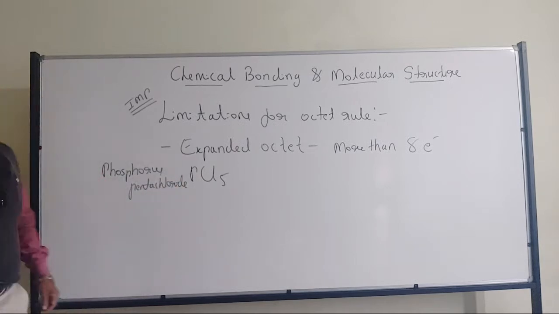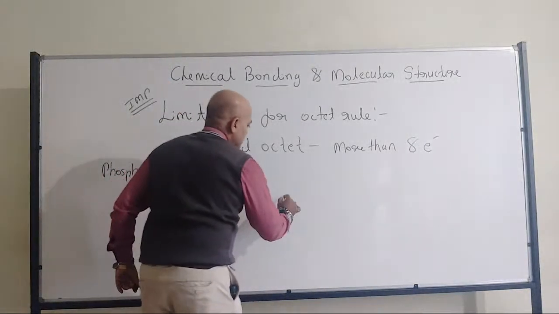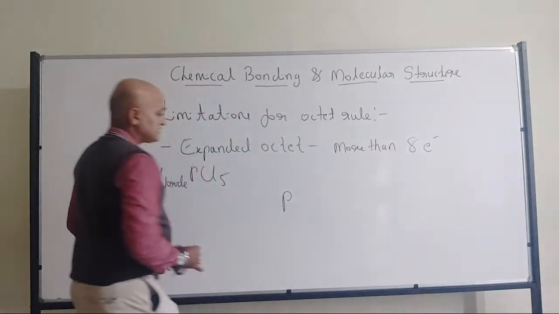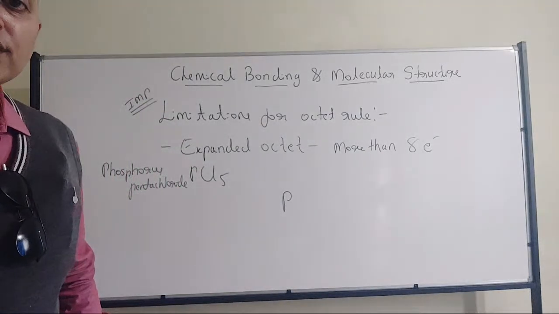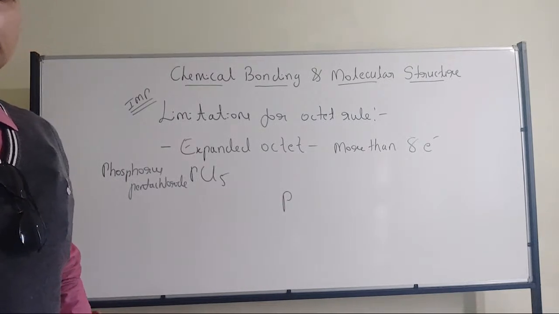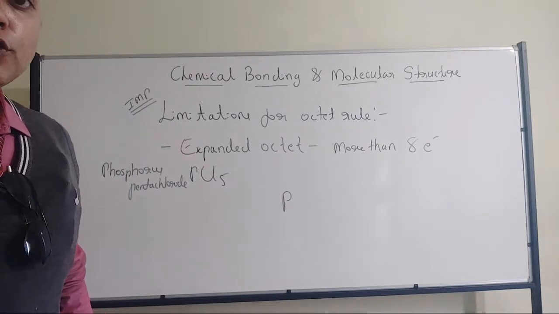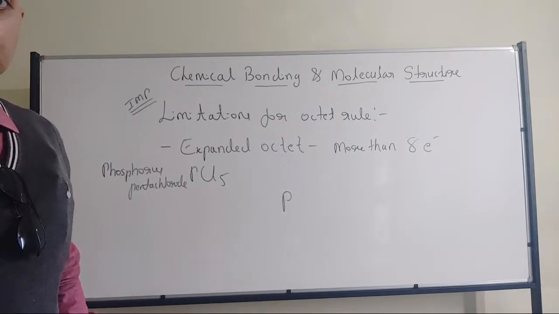So PCl5. Now, can you tell me what is the total valence electron of phosphorus? Any one of you? Just give me the number.